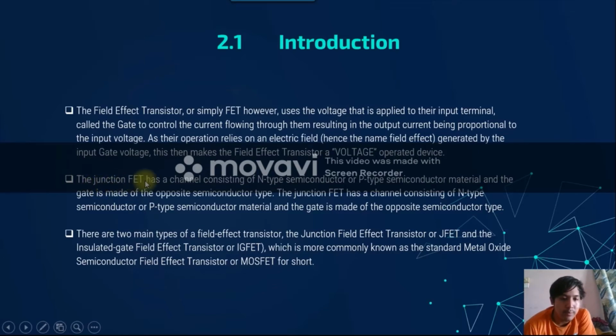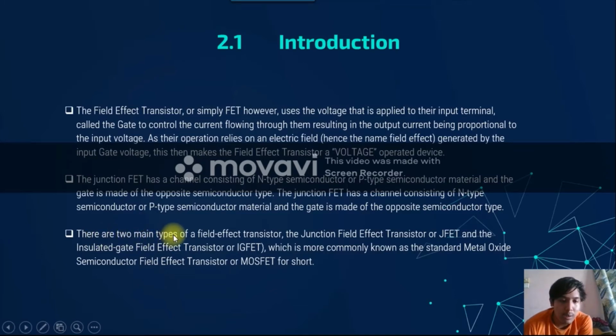The junction FET has a channel consisting of N-type semiconductor or P-type semiconductor material, and the gate is made of the opposite semiconductor type.